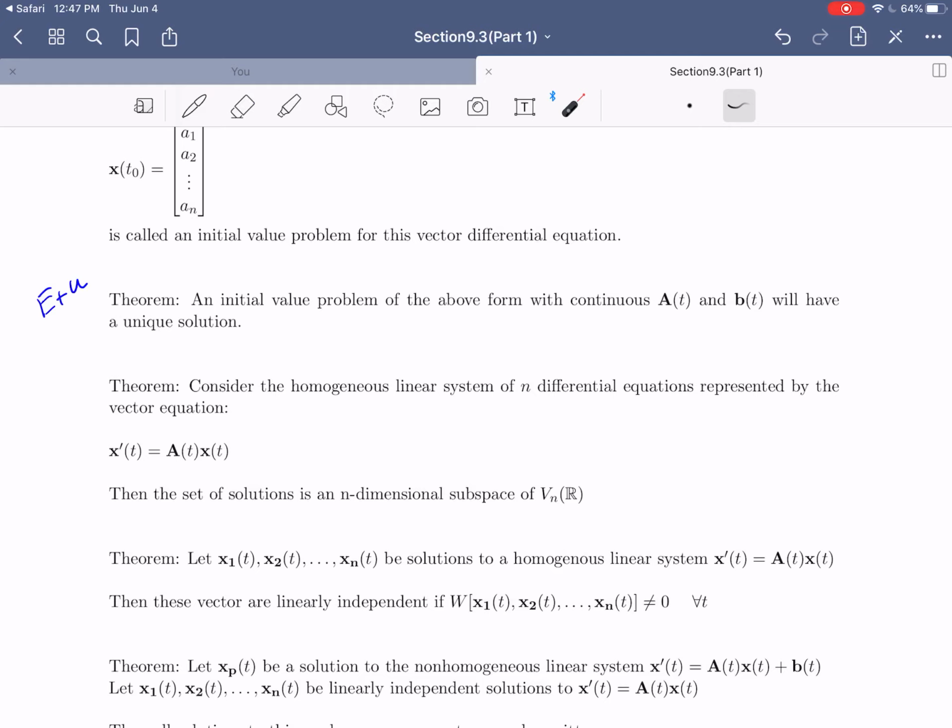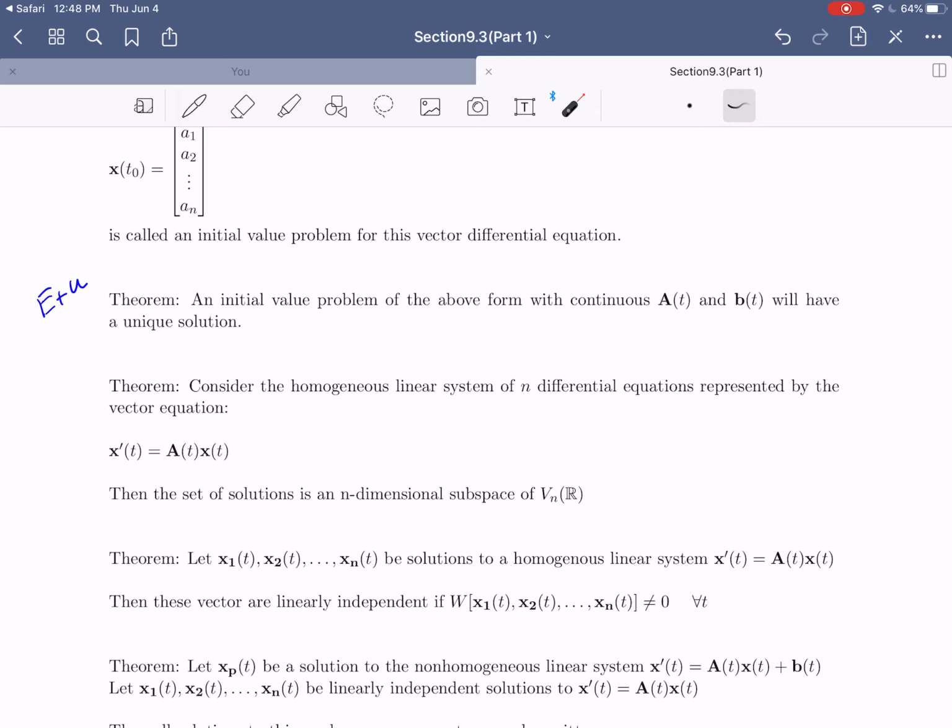This is an extension of it that strengthens what we can say about the Wronskian if we know that the vector functions we're examining are solutions to a homogeneous linear system. Then we're saying the Wronskian is either going to be always non-zero, which means that they're linearly independent, or always zero, which means that they're linearly dependent.